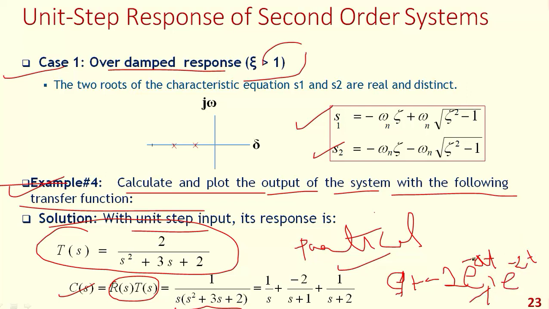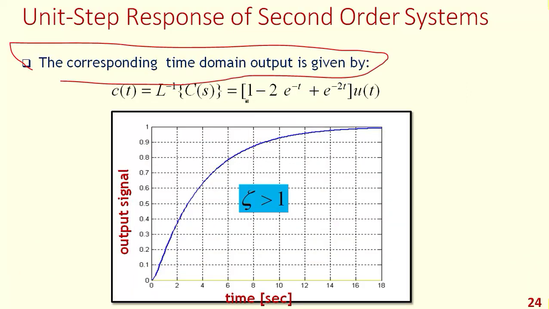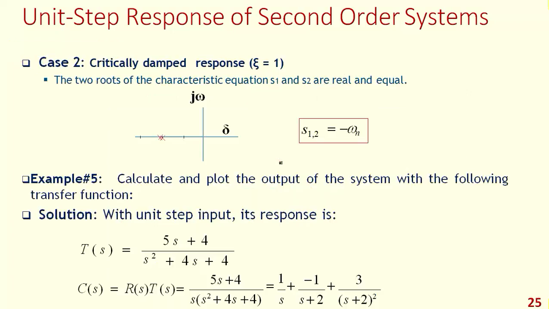So that will be written here: 1 minus 2 e raised to minus t plus e raised to minus 2t. So while writing the exponential response for the given function, we can write like this, for zeta greater than 1.